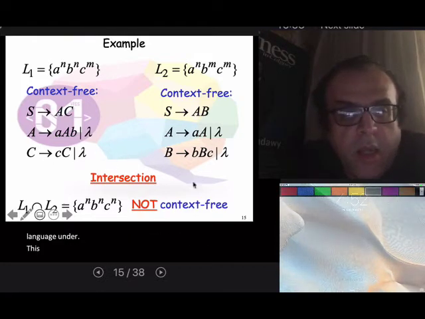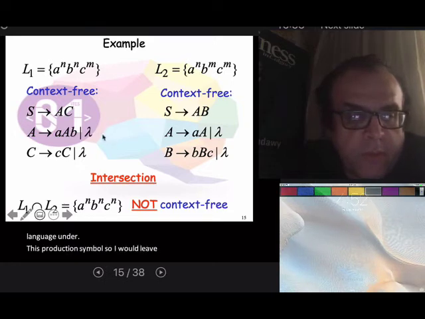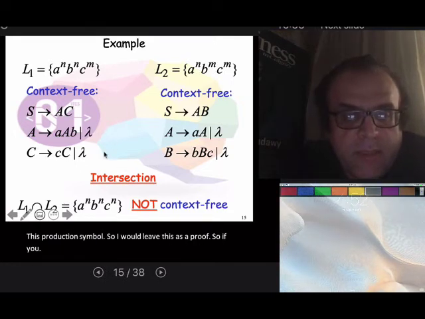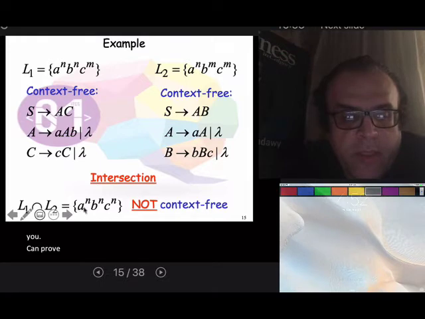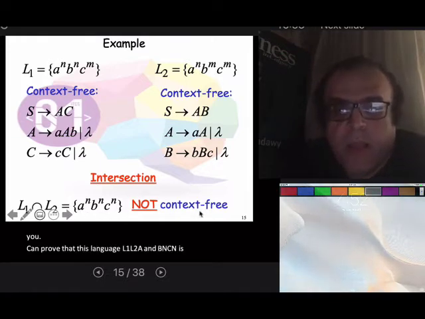So I will leave this as a proof: if you can prove that the language a^n b^n c^n is not a context-free language.